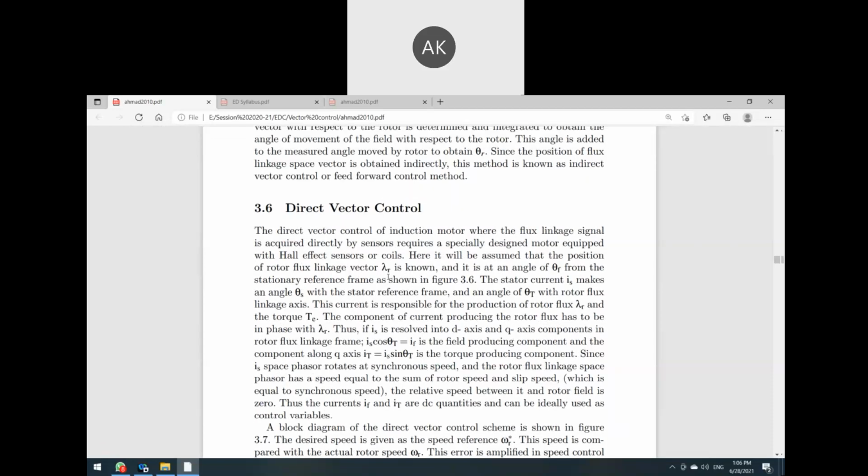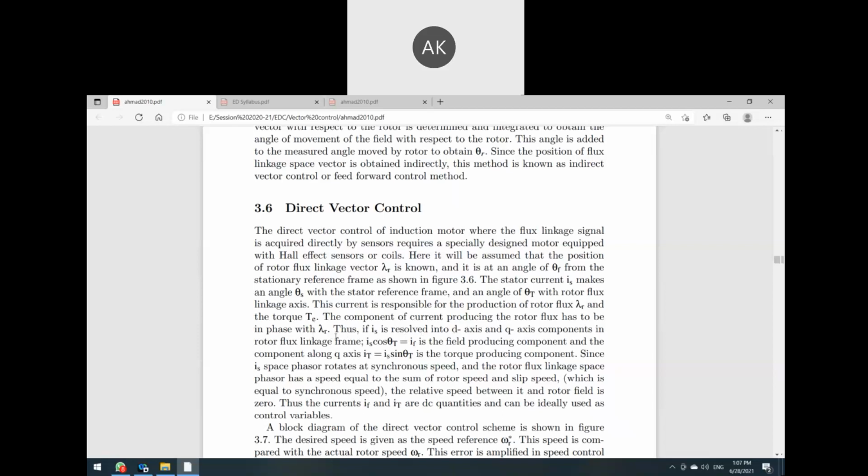In this method, it is assumed that the position of the rotor flux linkage vector lambda r is known, at an angle theta f from the stationary reference frame as shown in the diagram. The stator current makes an angle theta s with the stator reference frame and an angle theta t with the rotor flux linkage. So the current is responsible for production of the rotor flux lambda r and the torque T. The component of current producing the rotor flux has to be in phase with lambda r.